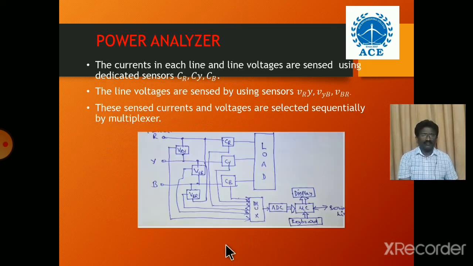Here is the block diagram of the power analyzer. This is a 3-phase 4-wire system of supply. You can observe here that the currents in each line and the line voltages are sensed with the help of sensing elements.